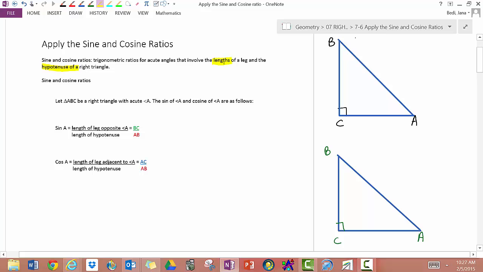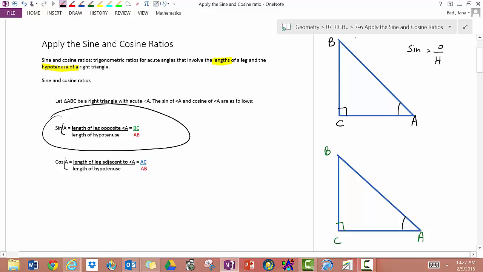So let's look at angle A here, and angle A, and angle A. These are identical triangles. In the first one, we're going to focus on sine of angle A, and cosine of angle A. Sine of angle A is opposite over hypotenuse.